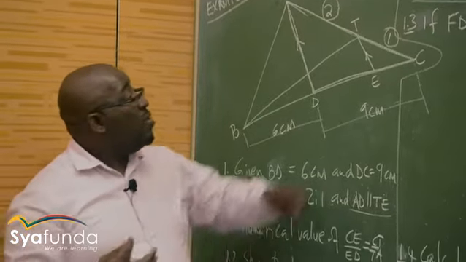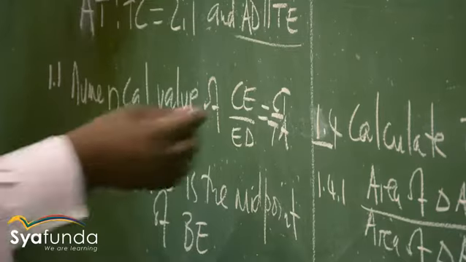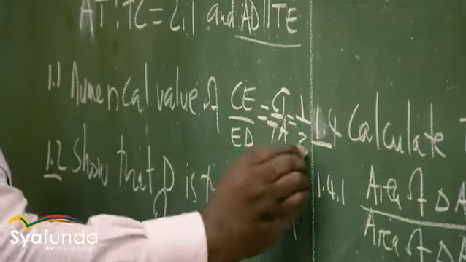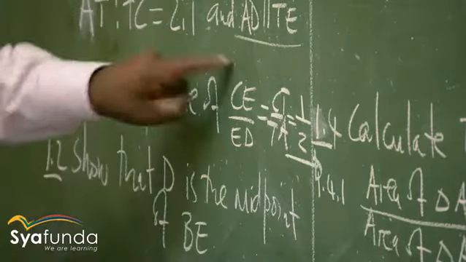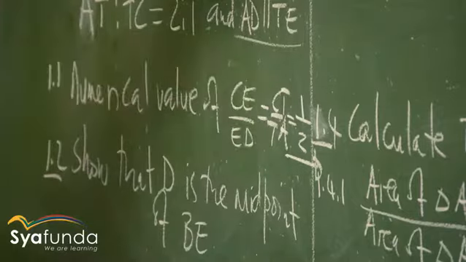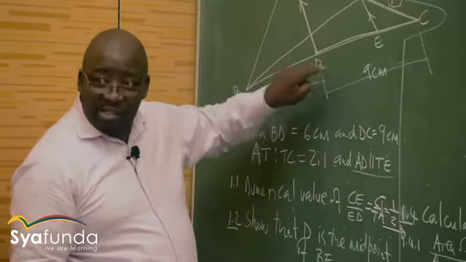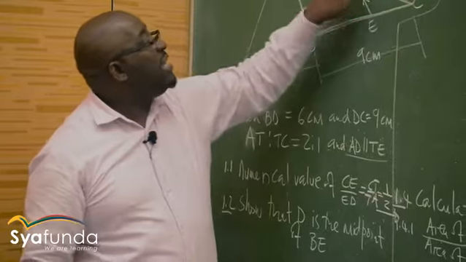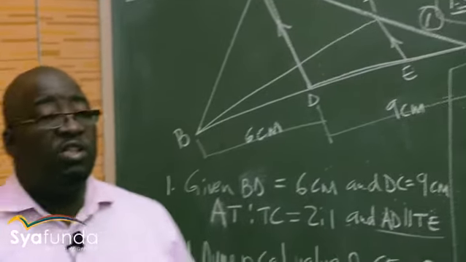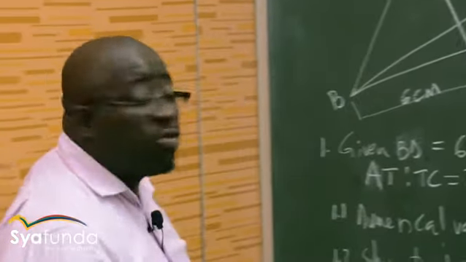What is CT? You can see it is 1. What is TA? It is 2. That is the numerical value of CE over ED. It is exactly equal to 1 over 2, because CE over ED is the same as CT over TA, which is 1 over 2. That's how we got the numerical value of the first one.